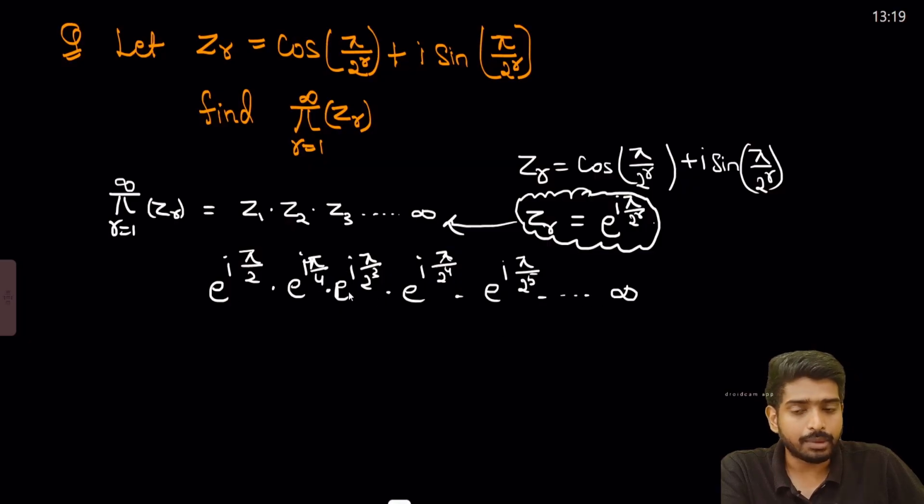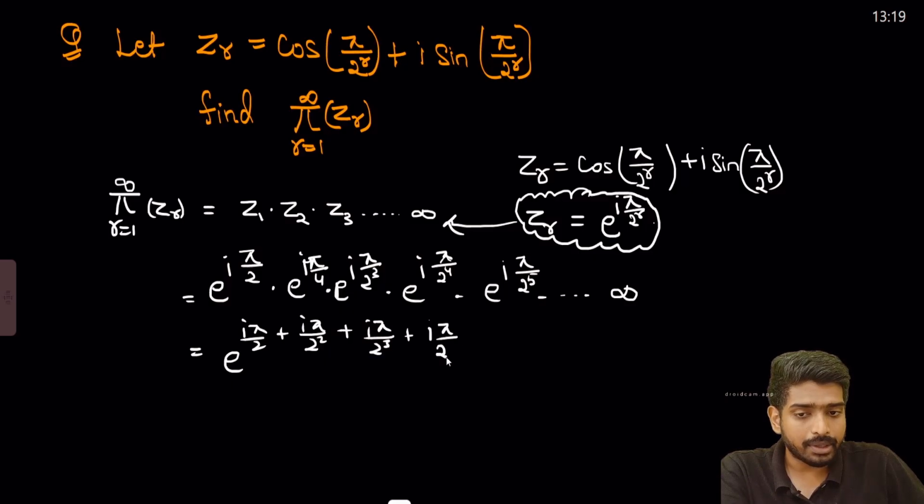Now the base is the same, so I can add the powers. So this is e to the power i pi/2 plus i pi/2 squared plus i pi/2 cubed plus i pi/2 to the power 4, and so on till infinity.